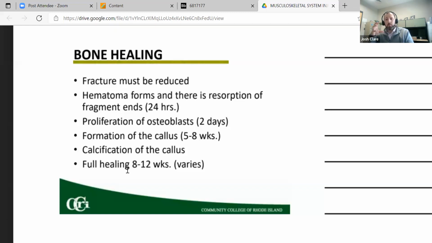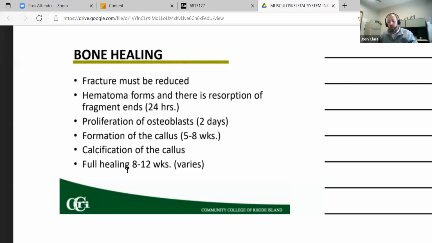So that looks like a big ball, a big lump. So body kind of overproduces all of these things. So just send a bunch of bone, get all these things back together. And then the osteoclasts come in and start to resorb some of that material and further calcify the callus. And then we can have some full healing after that.